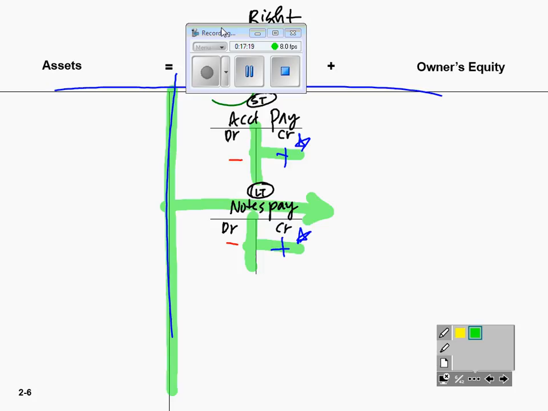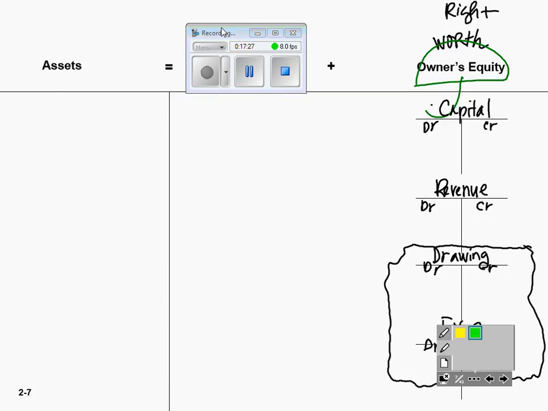Can we do owner's equity quick? Still on the right side of the big T. So star and star, revenue and capital. Can you tell drawing and expenses we're going to do something different? Let's not touch those for a minute. I want you to really understand this whole left and right thing before I talk about the two naughty accounts. What goes with the normal balance side? Pluses or increases. What's opposite of the normal balance side?